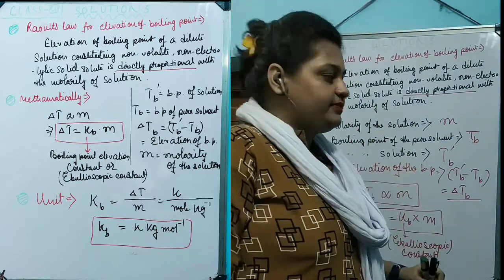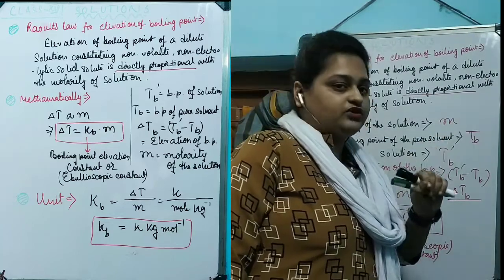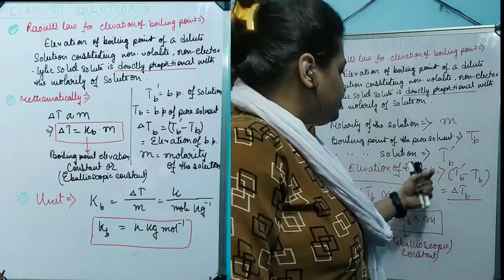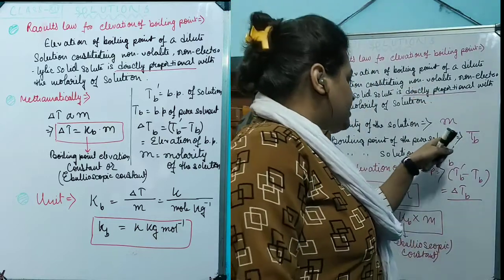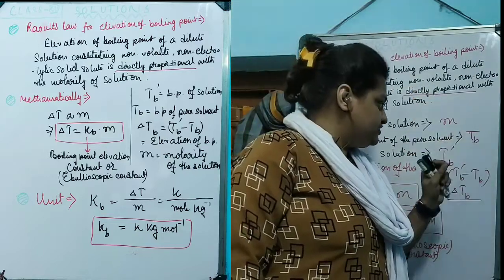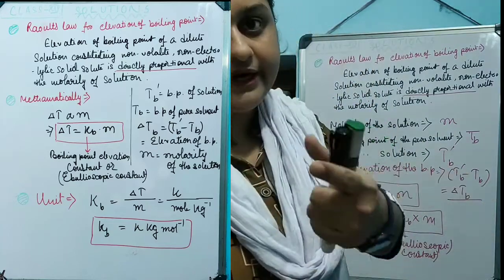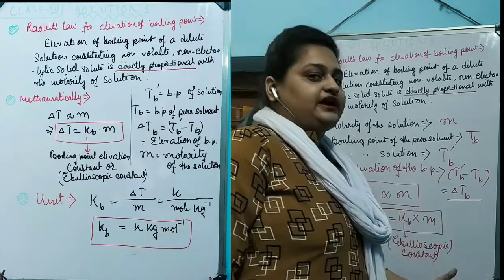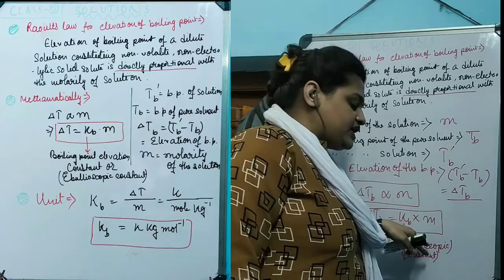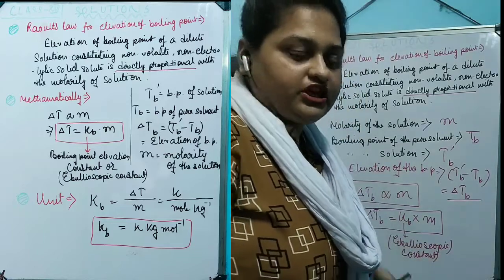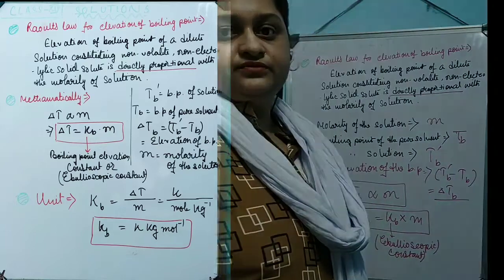The solution you had made in the previous example had molarity M, and its boiling point TB prime was elevated from the pure solvent boiling point TB. So the elevation was TB prime minus TB, or delta TB. Mathematically, delta TB is directly proportional to M, or delta TB equals Kb multiplied by M, where Kb is the ebullioscopic constant or boiling point elevation constant.